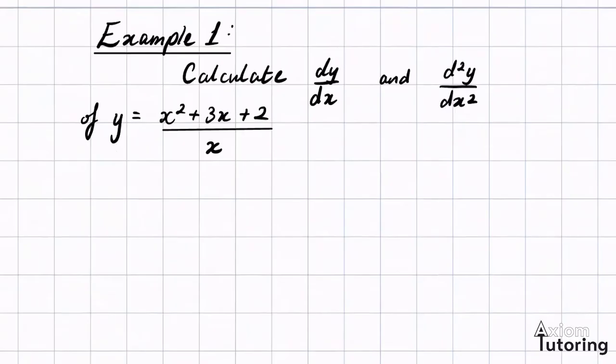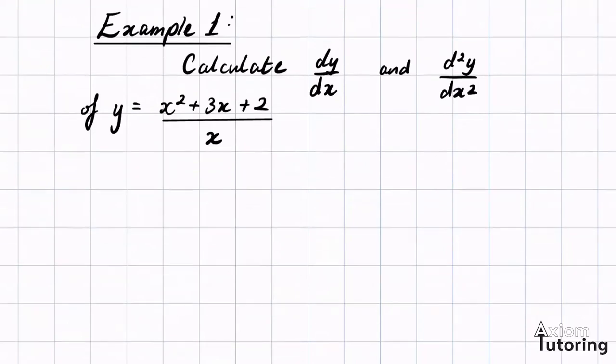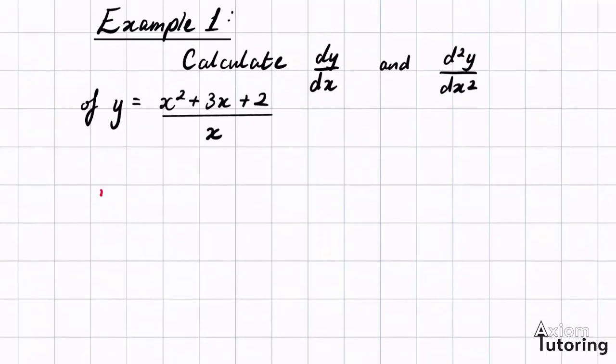So in this example, we first want to calculate dy over dx, so that's the first derivative, also f dash of x. But we also want to calculate the second derivative, or f double dash of x. So we have y equals x squared plus 3x plus 2 over x. So let's just rewrite this to make it slightly easier to work with.